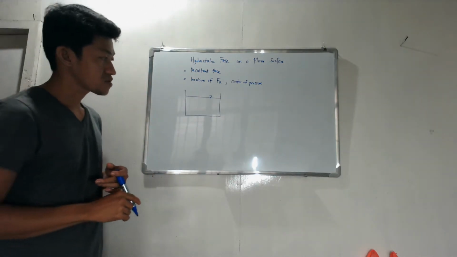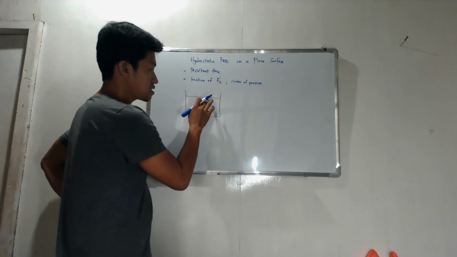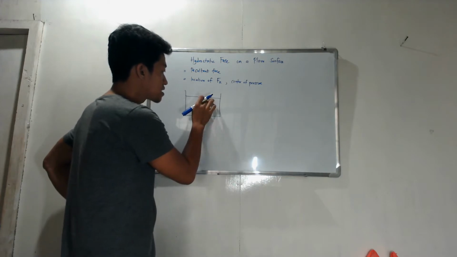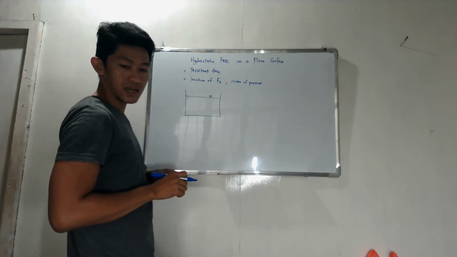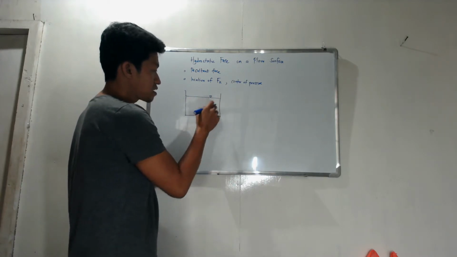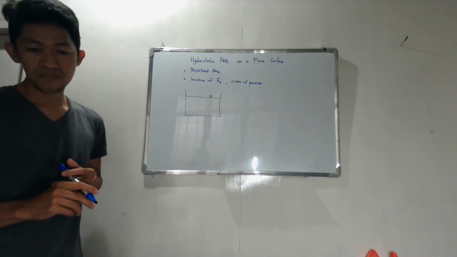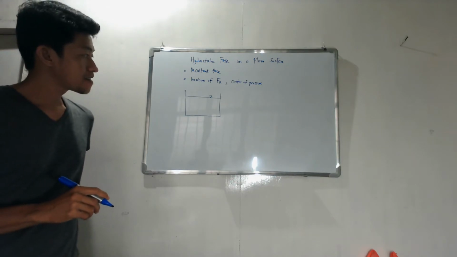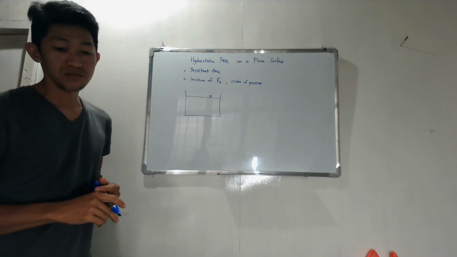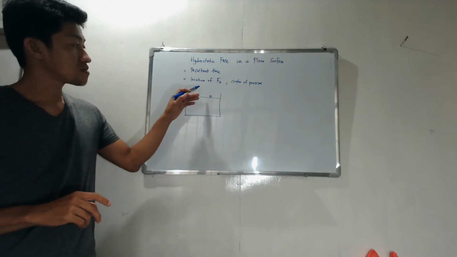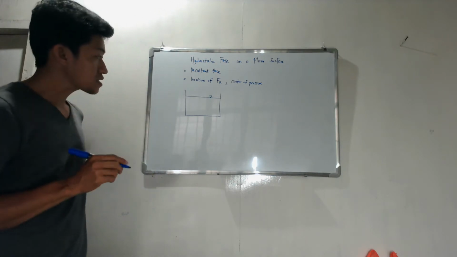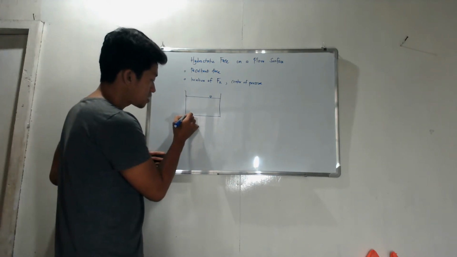Now this symbol, the inverted triangle, denotes the free surface. And since this is open to the atmosphere, the gauge pressure here is zero.